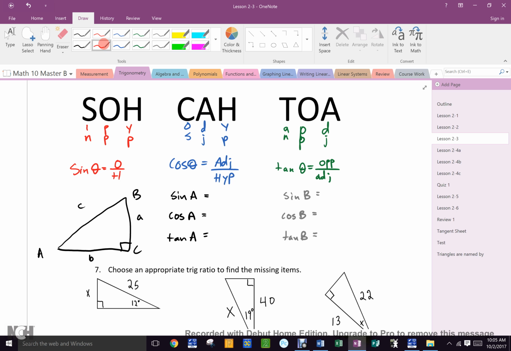What is the sine of A? A over C. What is the cos of A? B over C. And what is the tan of A? A over B. Now, what is the sine of B?